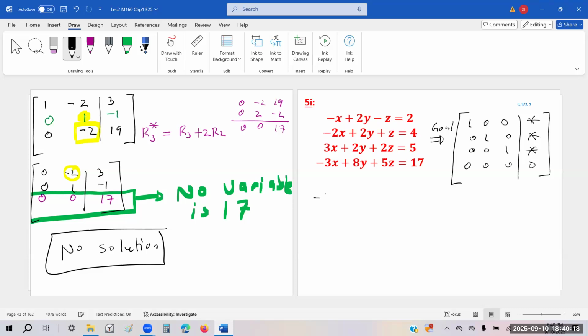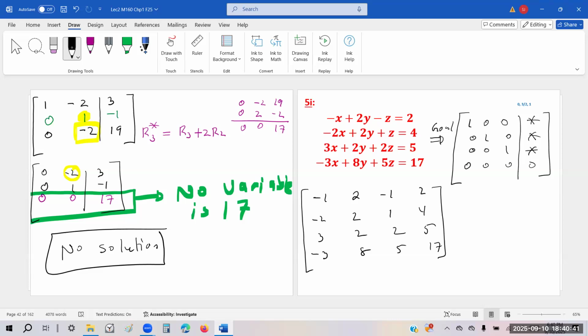So, -1, 2, -1, 2, -2, 2, 1, 4, 3, 2, 2, 5, -3, 8, 5, 17. This is what we currently have. Unfortunately, we have to change all 4 elements on the first column.